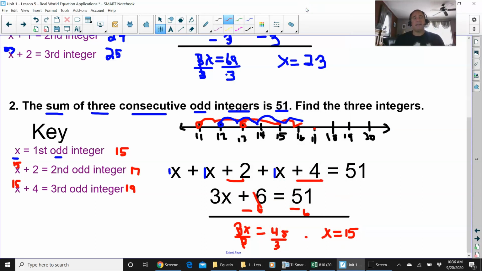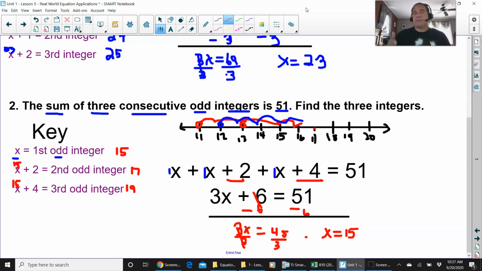The sum of 3 consecutive odd integers, that key is going to be your key for if it said consecutive odd or if it said consecutive even. Same key. x always starts you as the first number. x plus 2 is the second odd integer.